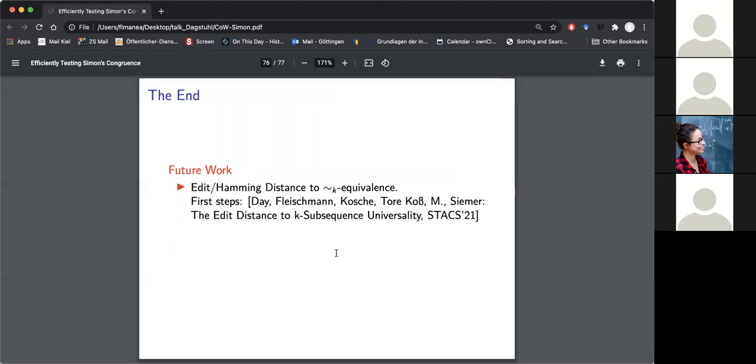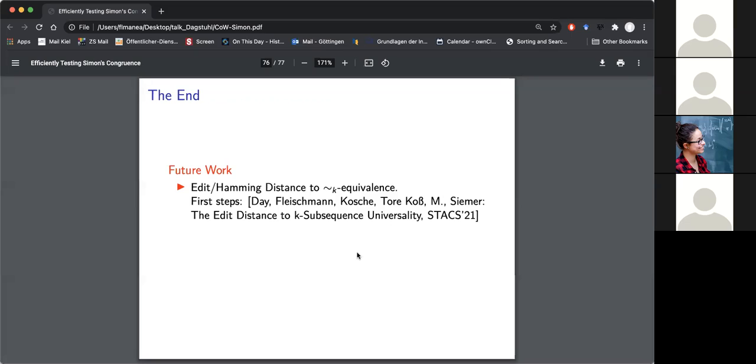Just a quick thing as future work. Now that we know how to test k equivalence, the question is, how far are two words from becoming sim-k equivalent? This is a kind of natural problem, but it seems also very hard to us. We have started to do some first steps in this.